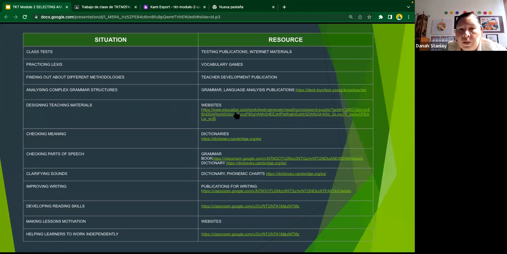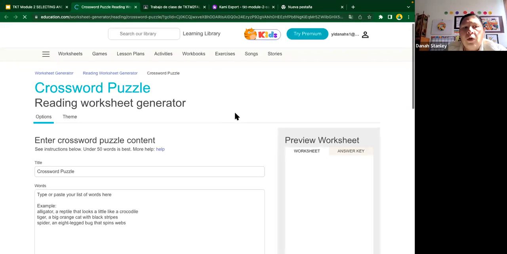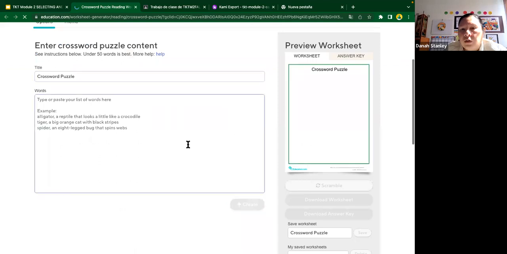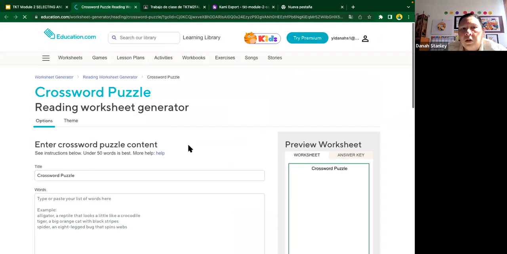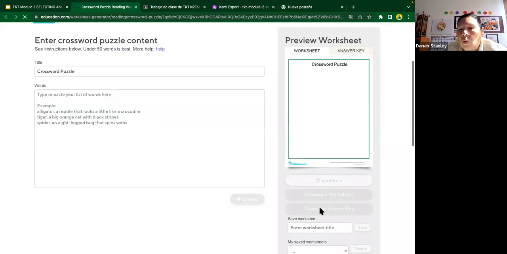Designing teaching materials. You can make your own crosswords or puzzles, and you have a certain number of free downloads, but what I do is to take a screenshot and then I paste it in a Word or a PowerPoint, and then I print it.